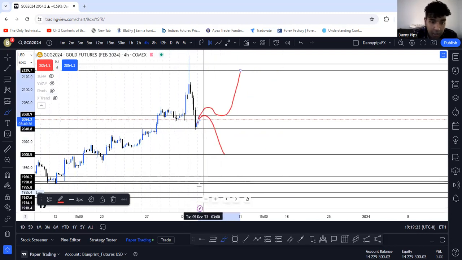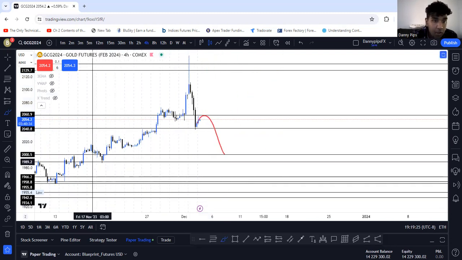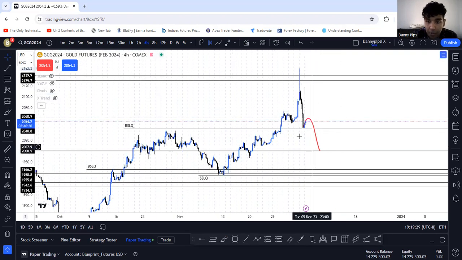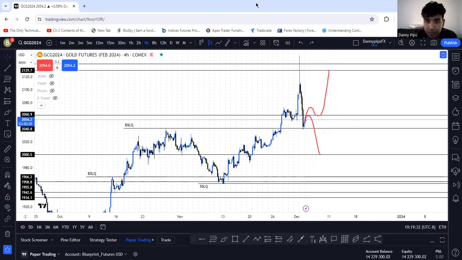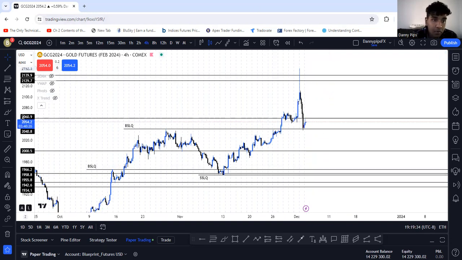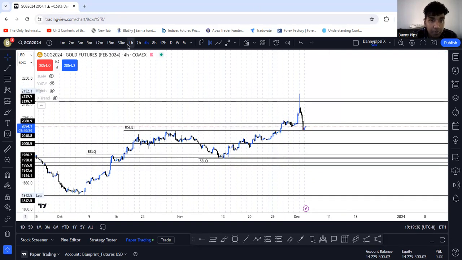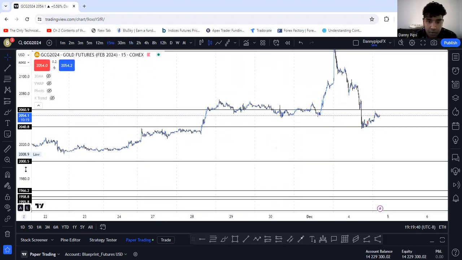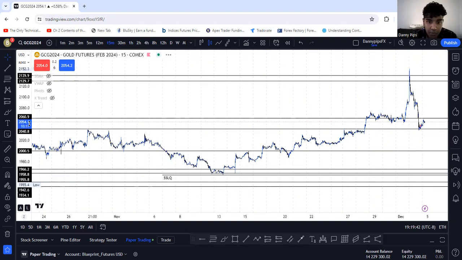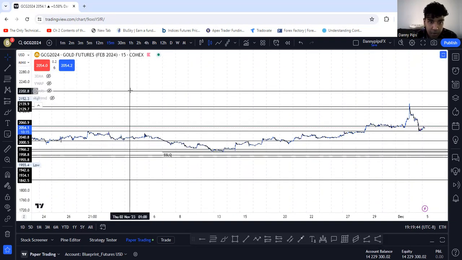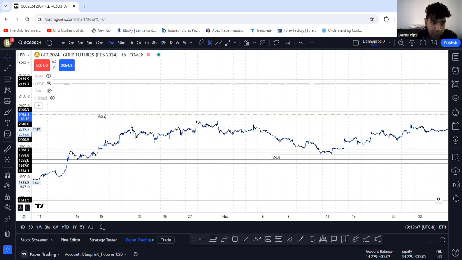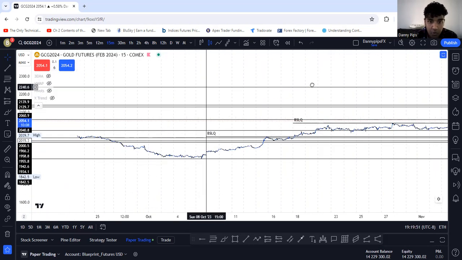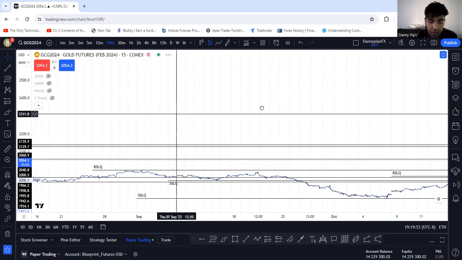Those are the entry options that I'm looking for on gold right now off of the daily and the 4 hour time frame. If we break this down a little bit further into, let's say, the 15-minute time frame, if I squeeze the zoom here, then we can see all of our levels here.